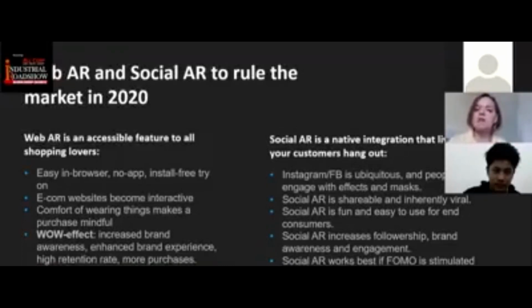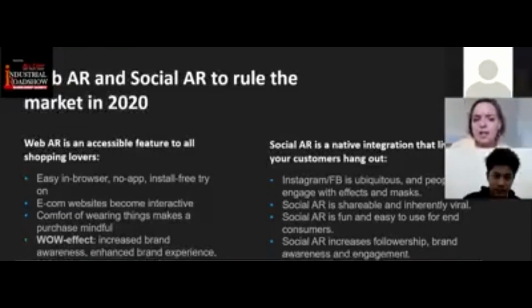They're looking at those masks, they like those masks, they enjoy those, and they're very much ubiquitous, which means that although Instagram and Facebook are, let's say, an app you have to download, everybody has it. So social AR is very popular. It's not hard. It's already where your clients are.